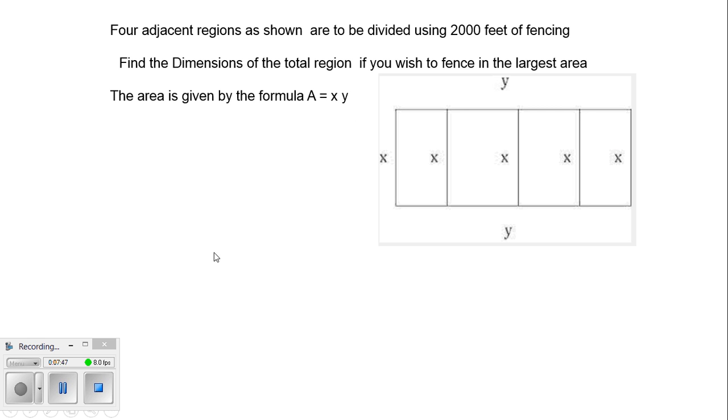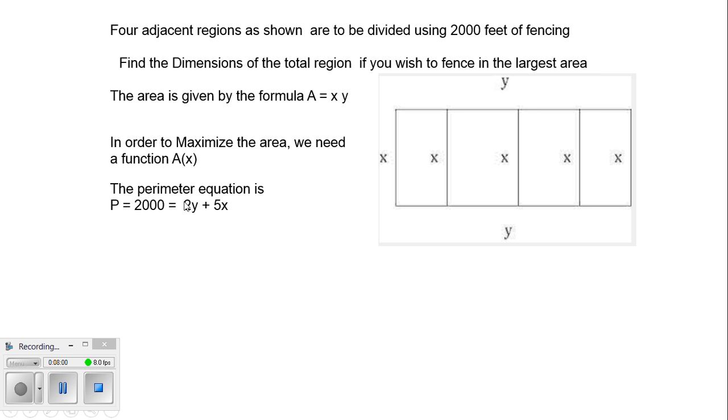That perimeter is broken up into two lengths of Y and 1, 2, 3, 4, 5 lengths of X. So the perimeter, which is 2,000, is determined by 2 lengths of Y and 5 lengths of X. We can solve for Y in terms of X, and we get Y equals 1,000 minus 5 halves X.